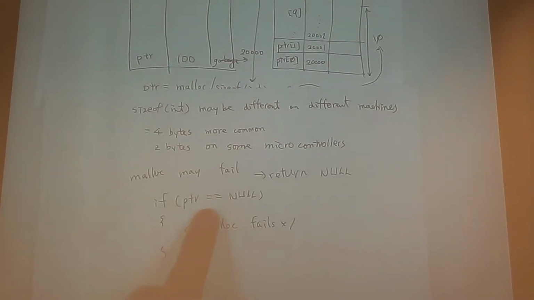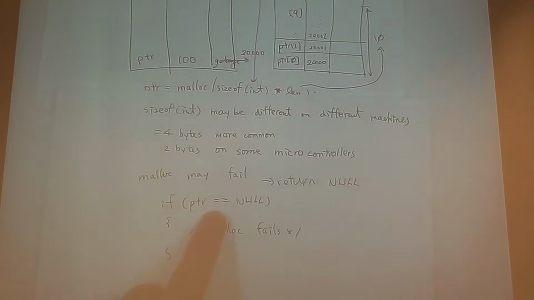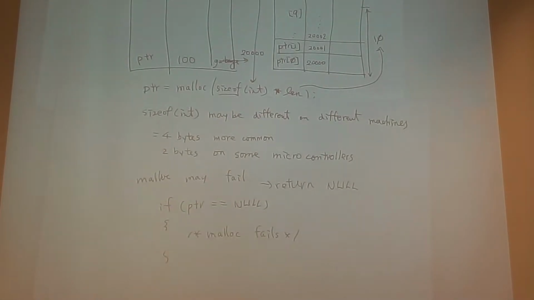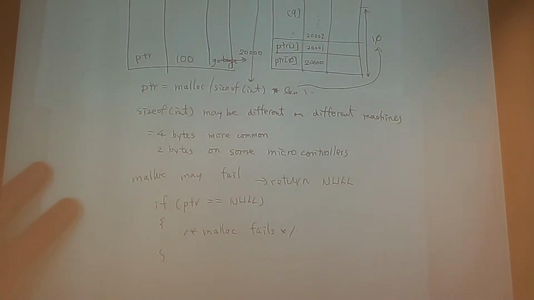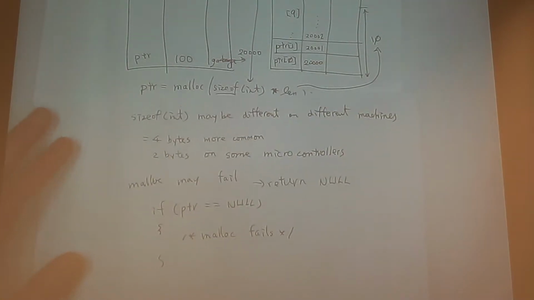This is a common mistake. Sometimes people write one equal sign there. Don't do that. I'm sure you know why that's wrong. If you write one, you are assigning null to ptr, not comparing.